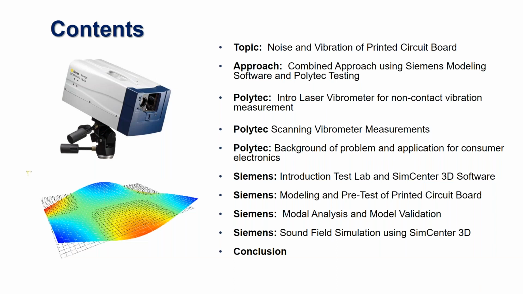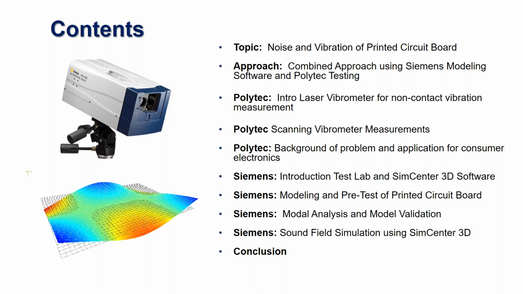So today's presentation, I'll talk a little bit about the background of what we want to show, noise and vibration of a printed circuit board, and talk about the combined approach of testing and modeling together with Siemens. Bill's going to be giving the second half of this presentation where he talks about the modeling and model validation aspect.